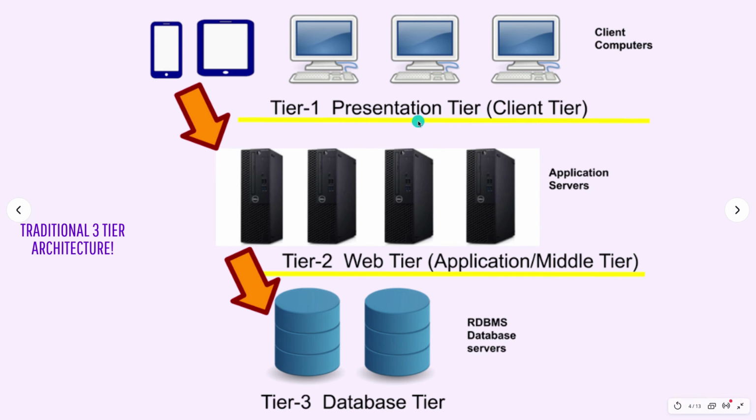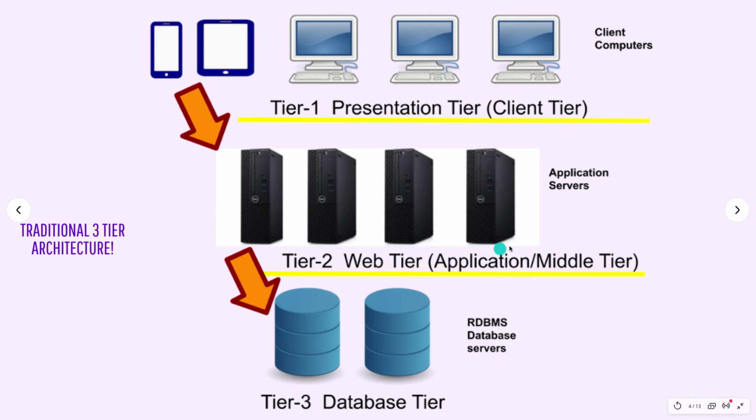The presentation tier consists of all the client computers and clients' mobile devices through which the clients are connecting to the application servers. And the application server, typically hosted in some kind of a data center or cloud, will be the one hosting the web application, which is ready to receive connections from these various different clients.